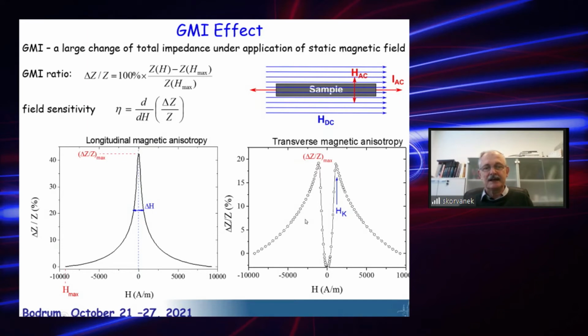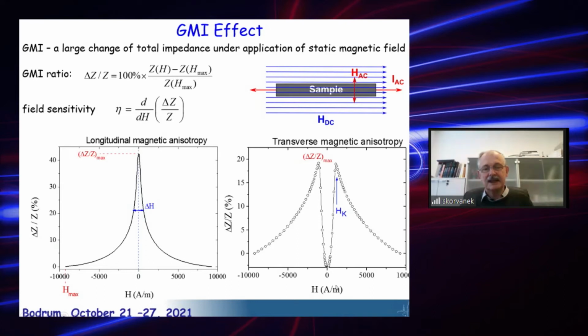What is most important for sensing properties is the field sensitivity. The maximum field sensitivity is in the position where the maximum slope of this curve is observed. In this case, it's here, or in this case, somewhere here. But what is also important is that these kinds of sensors are used for measuring very low magnetic fields.